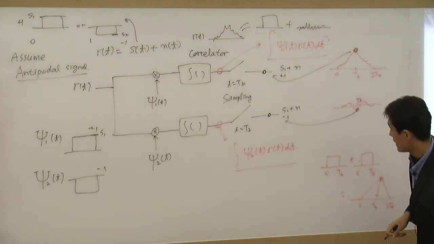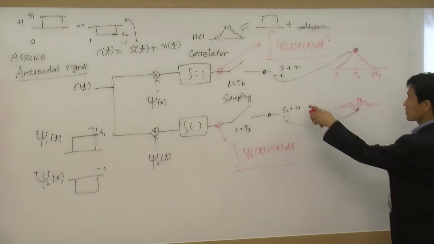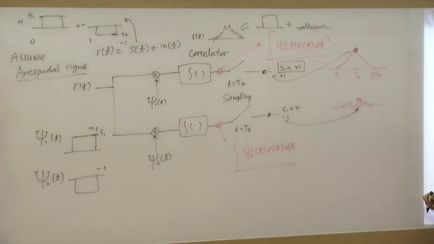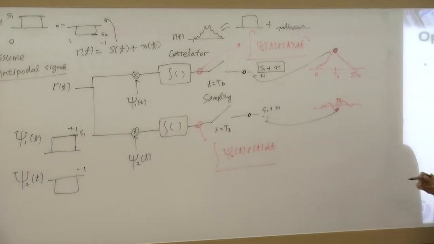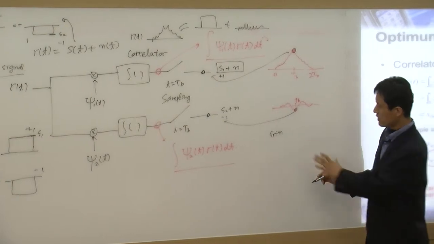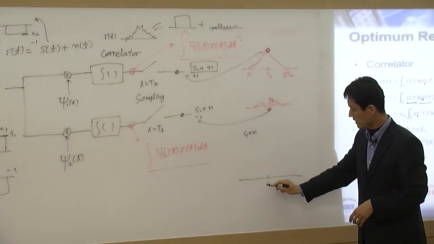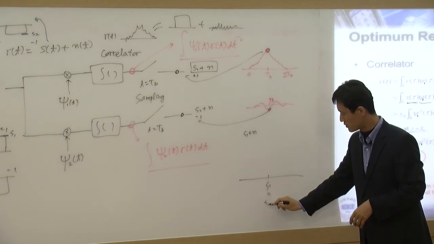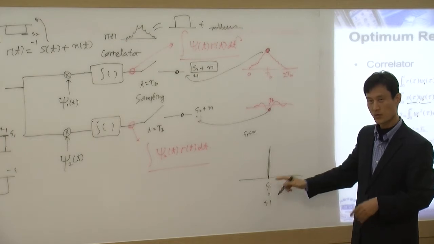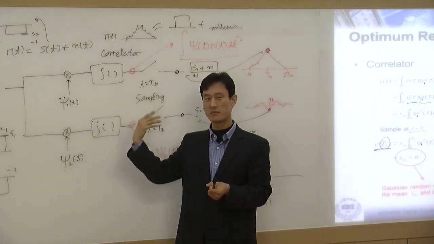So what we're going to look at is the distribution of this value. What is the distribution of this S1 plus n? If there's no noise, and we only have S1, then S1 equals plus 1, so we always get S1. Let's say we transmit a million samples, a million bits.